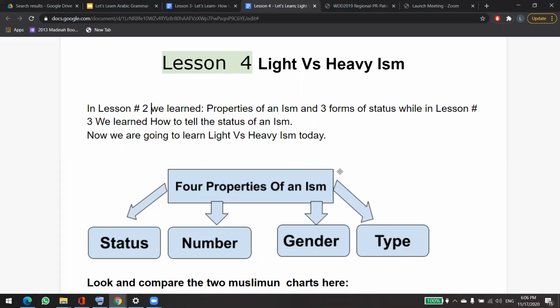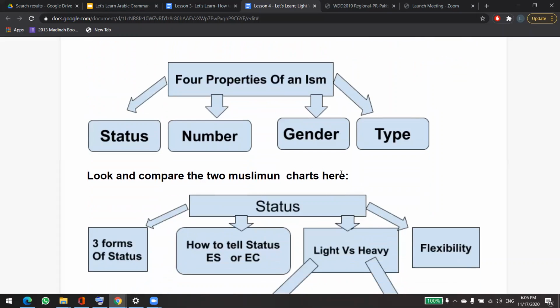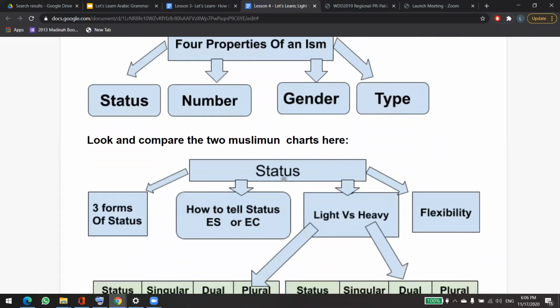In lesson 3 we focused mainly on status, and learned how to tell the status of an ism. Now, today we are doing the third thing that we need to know about the status, which is light versus heavy ism.